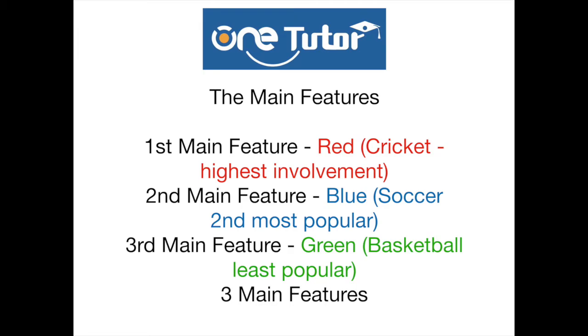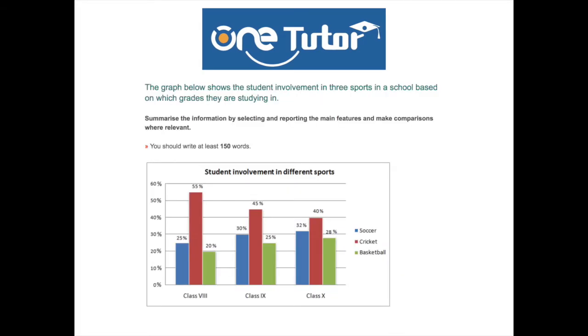You'd find out the first most important main feature. One of the traps with this question is to think that there are three different times. So you might compare those and say that they've gone up or down, when actually they haven't gone up or down because the actual graph is a static graph. It's not showing things over time. It's actually just showing three classes.